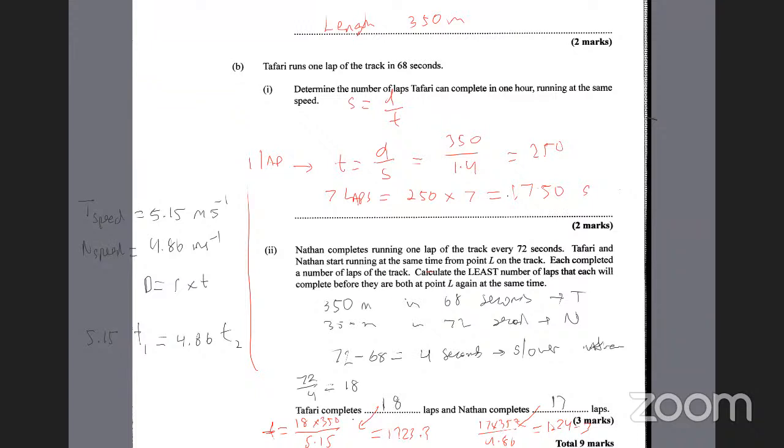Right, but all you did, there's 3 marks, right? So you may have written Nathan's speed, Tafari's speed, and you may have seen something like this. So within that 3, you might be able to scrape in a 1 or a 2, right? But it was a little bit challenging.